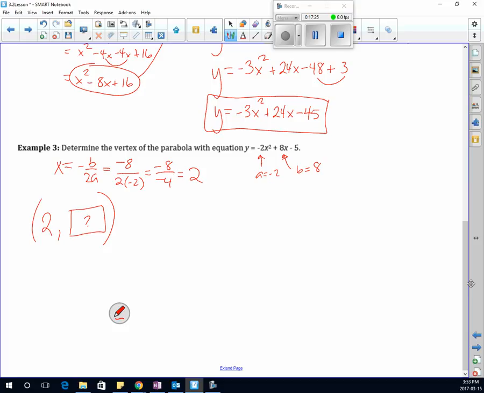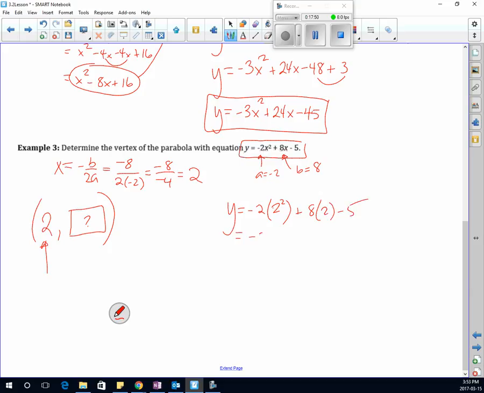How do I figure that out? Well, it tells you. y is whatever your x squared is times minus 2, plus whatever your x is times 8, minus 5. So plug it in. y equals negative 2, and because I know the vertex x is 2, I'm going to put 2 in for the x. So 2 squared plus 8 times 2 minus 5.